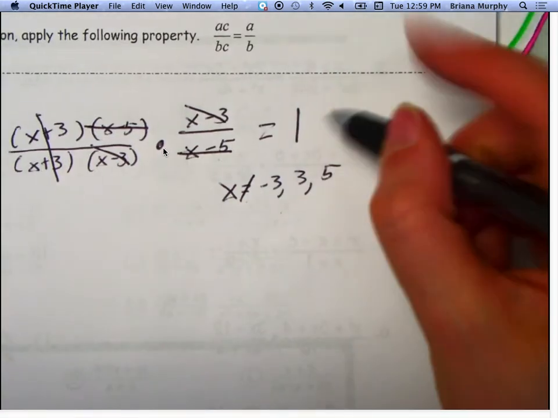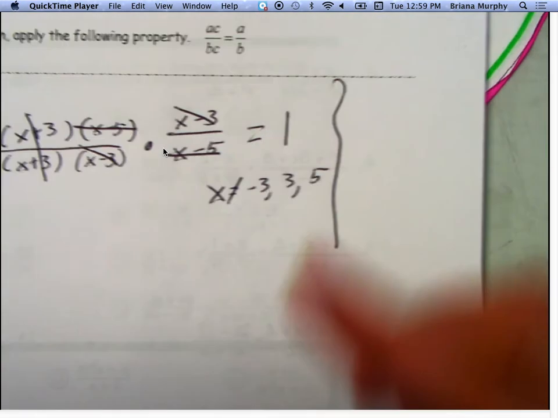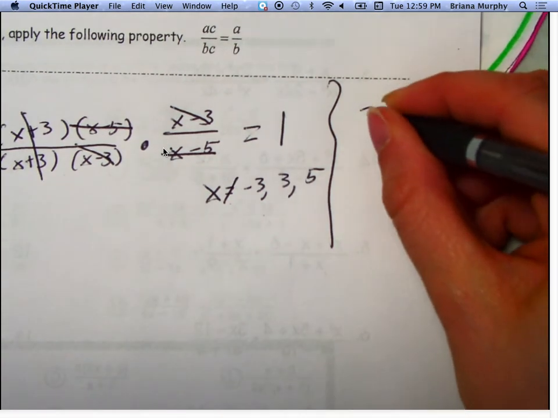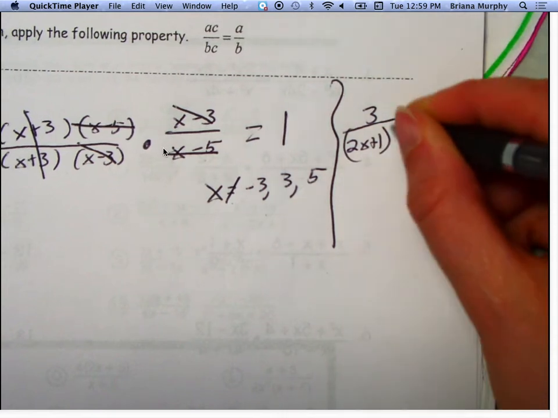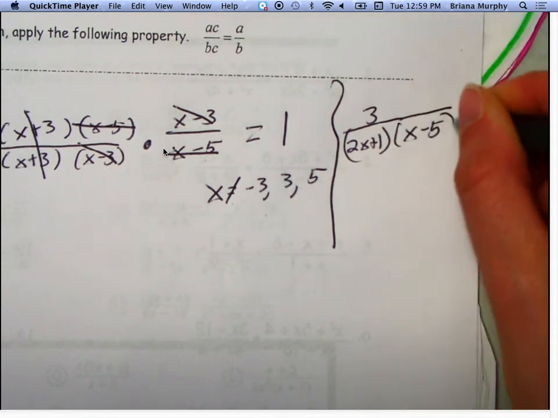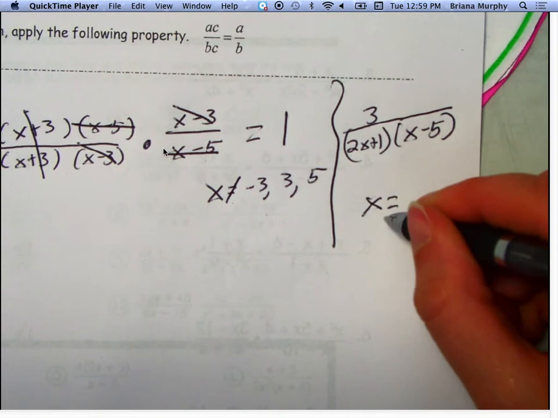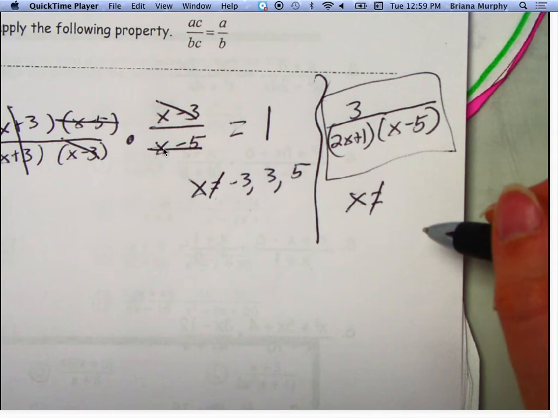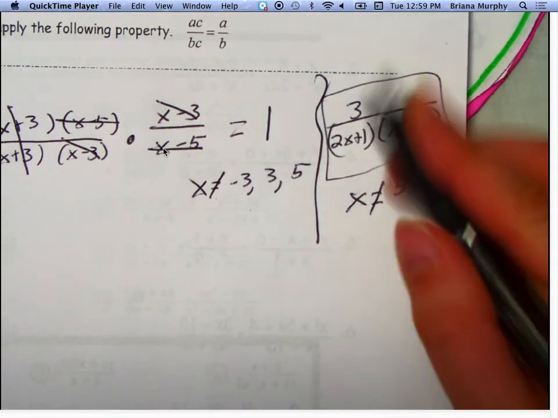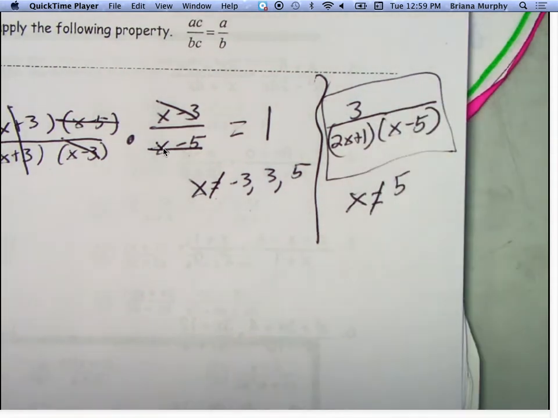I'm going to do this just off to the side to figure out what x can't be. What if I had 2x plus 1? What can x not be for just this right here? What would I plug in for x to get 0 for that part? 0 would give me 1.